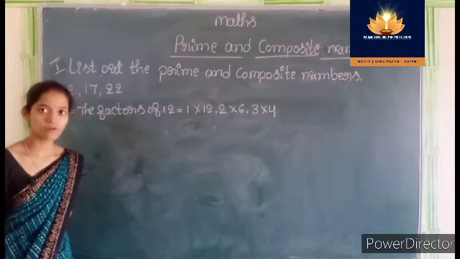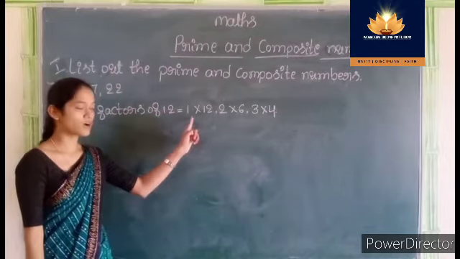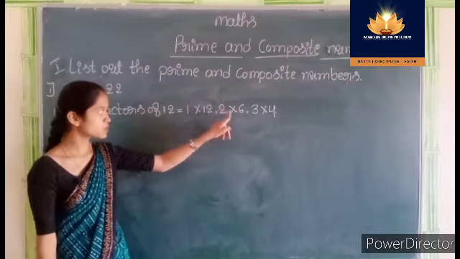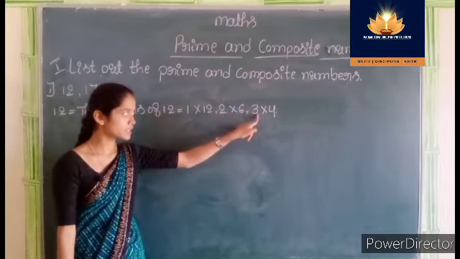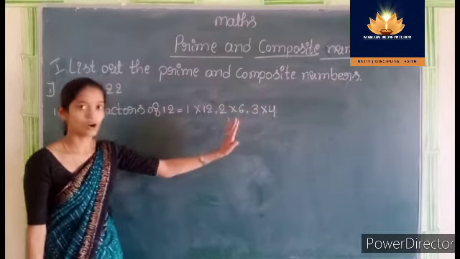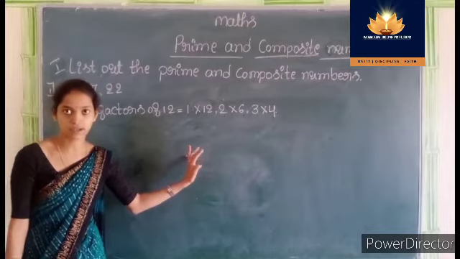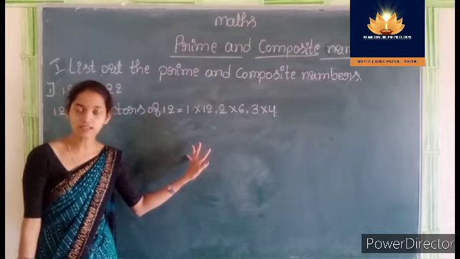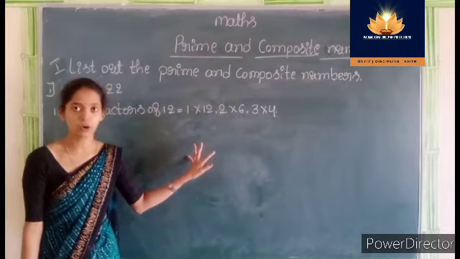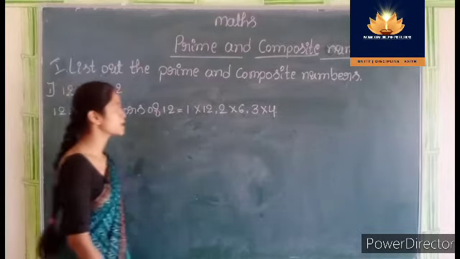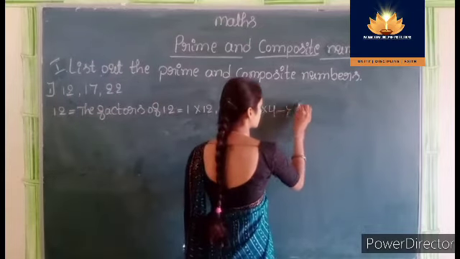So the factors of 12 are 1, 12, 2, 6, 3 and 4. So there are 6 factors. If a number has more than 2 factors, then that number is said to be a composite number. So 12 is a composite number.